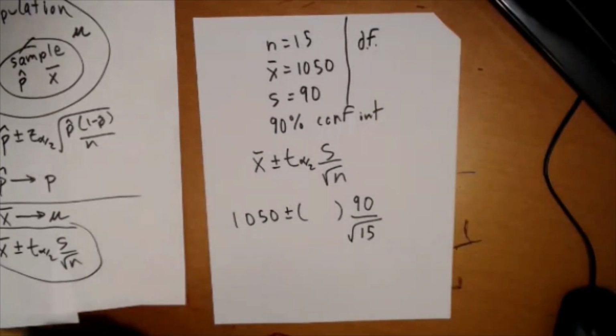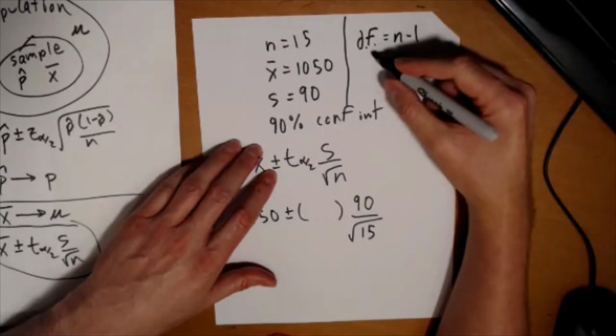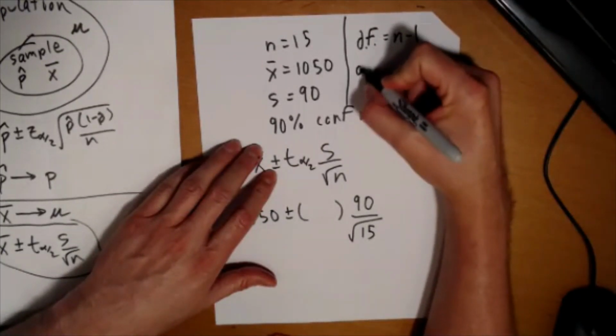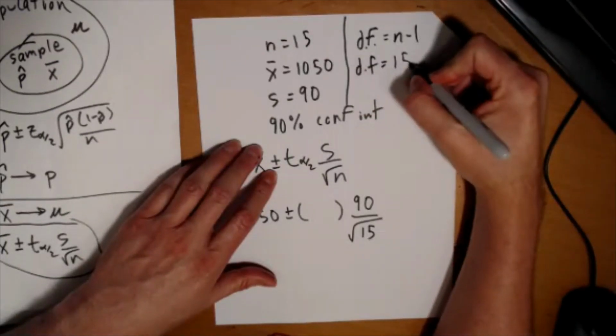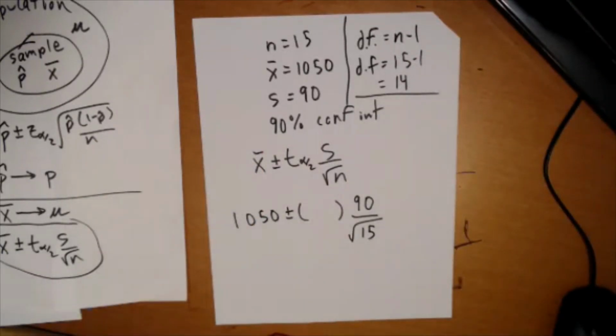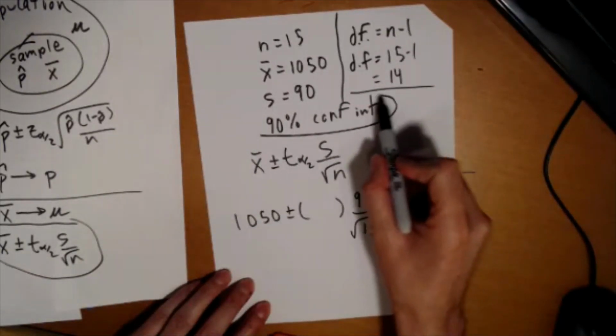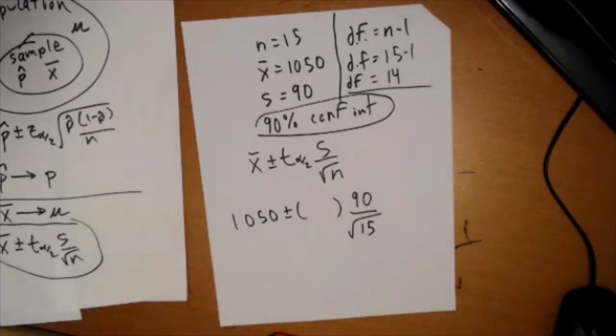The degrees of freedom, the df, is just n minus 1. What's degrees of freedom? Let's not worry about that right now. I'll explain it later. So the degrees of freedom is just 15 minus 1, which is 14. So they want a 90% confidence interval with 14 degrees of freedom.